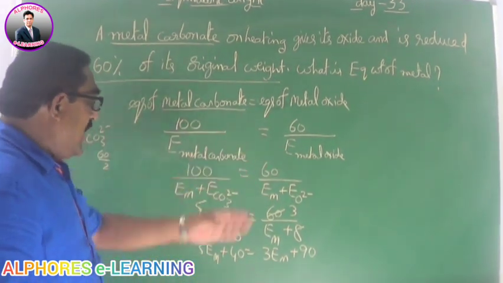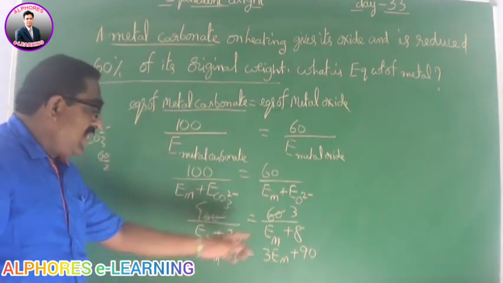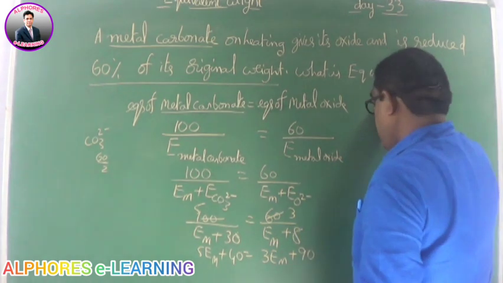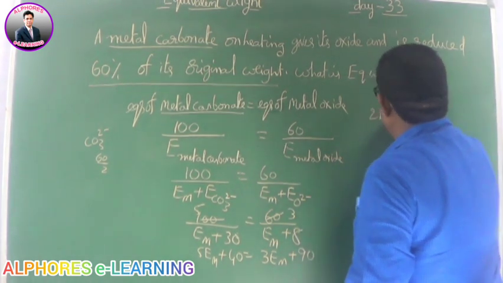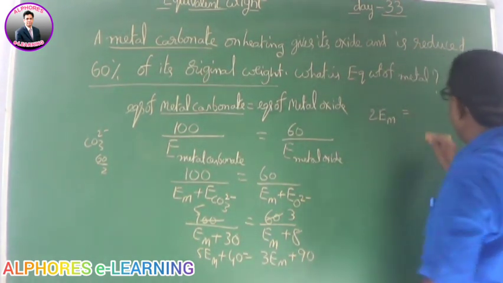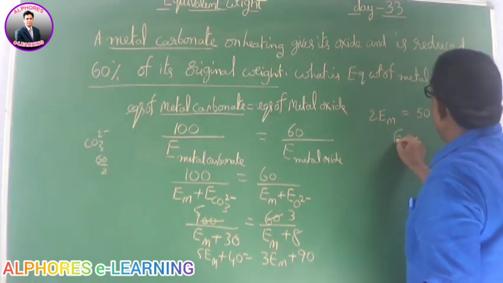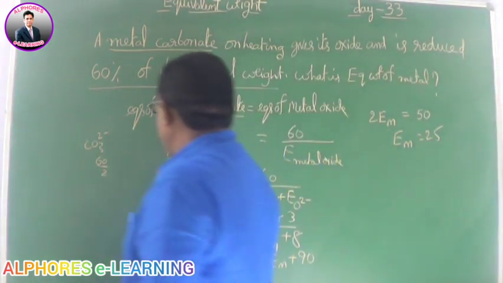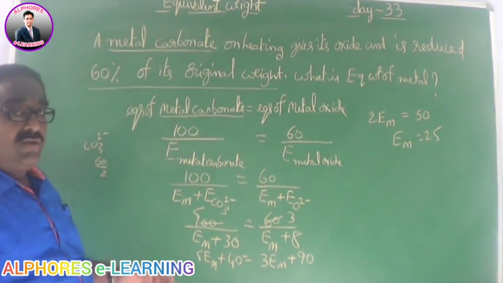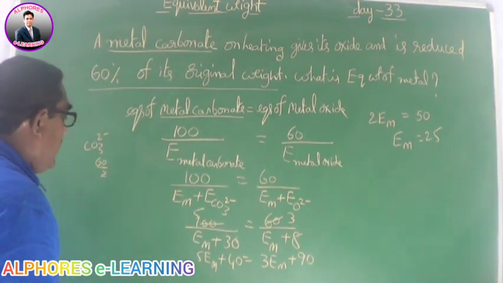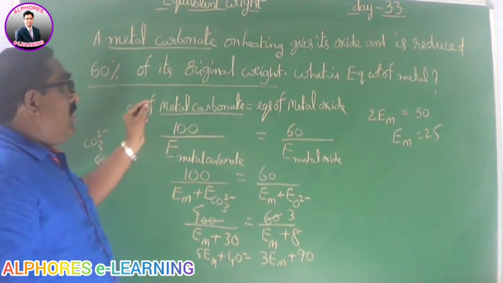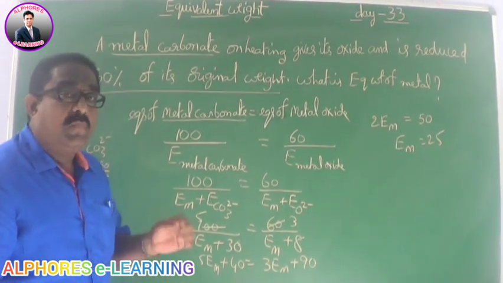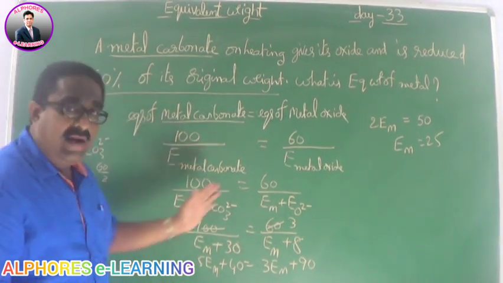Now I will calculate that. Please concentrate here. Take 3 M to this side: 2 M is equal to, take 40 to this side, 50. So the equivalent weight of metal is equal to 25. That is the final answer, students. Nothing I did here. A simple concept I have applied, that is nothing but the principle of gram equivalents.